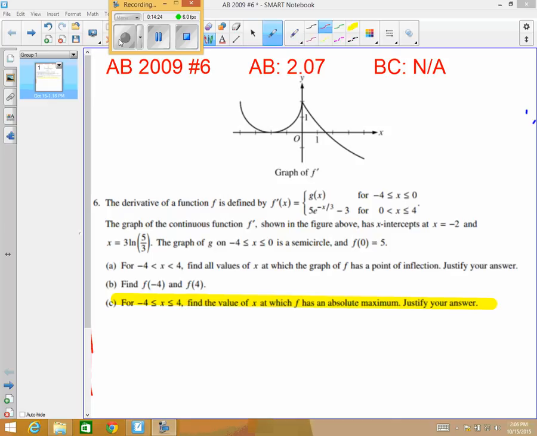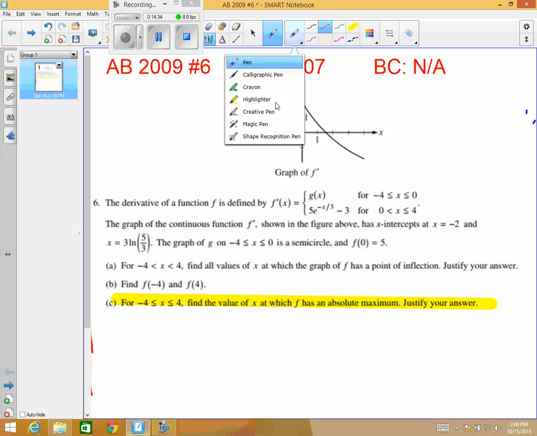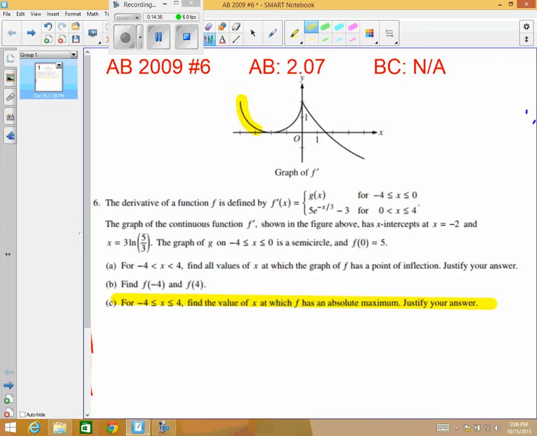We know that from negative 4 to 0, in fact, all the way until this point here, f prime is positive or 0, mostly positive, which means that the original f is increasing. Again, be careful with those words, positive and increasing. The slope is positive, which means the function is increasing.